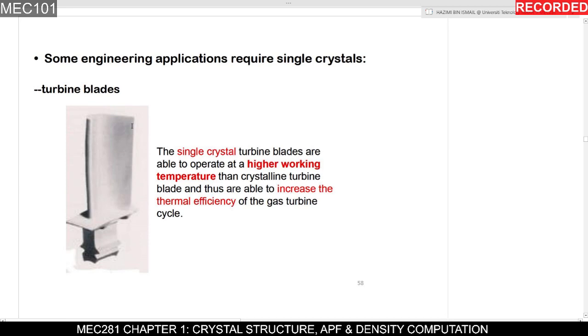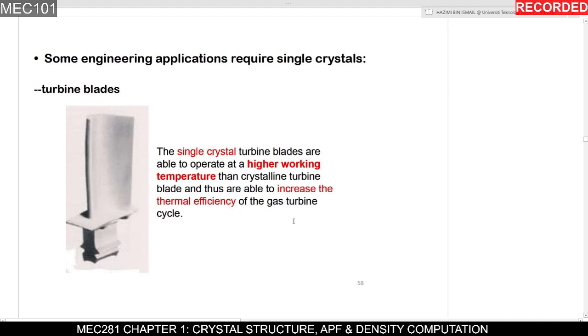For the turbine blade, we need the properties of the single crystal, which give much better results compared to the polycrystalline turbine blades, because they are able to increase the thermal efficiency of the gas turbine cycle.